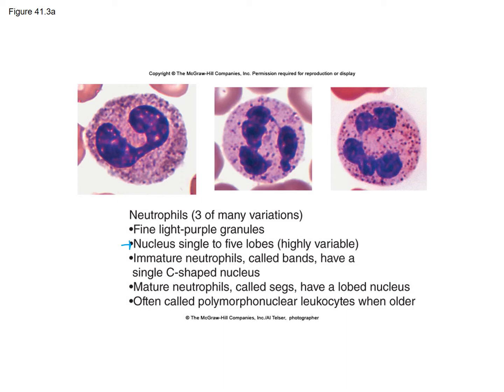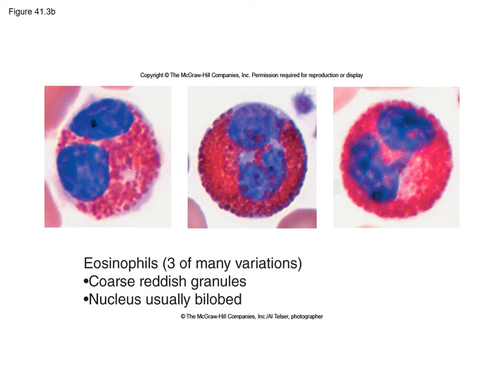The immature neutrophils are called bands and have a single C-shaped nucleus. And the mature neutrophils are called segs and have a lobed nucleus. This is just to show you a few differences and shapes of the neutrophil.